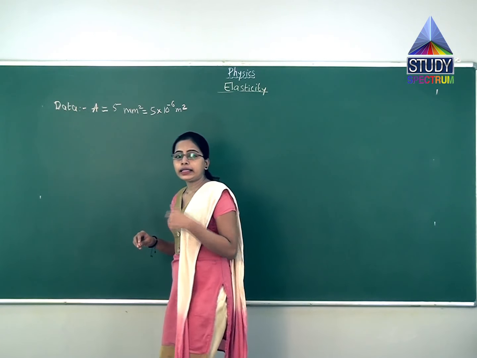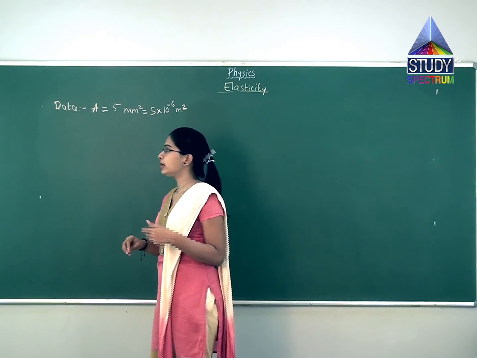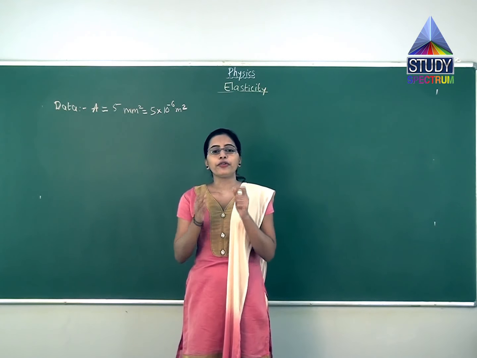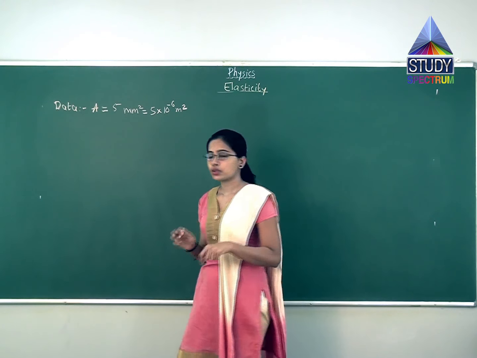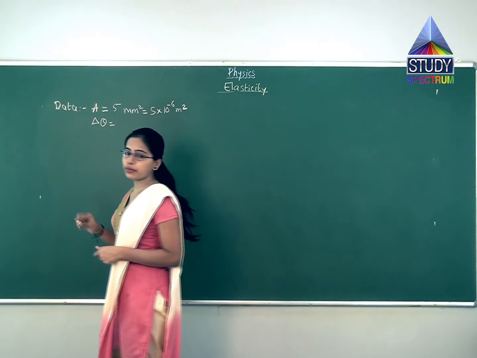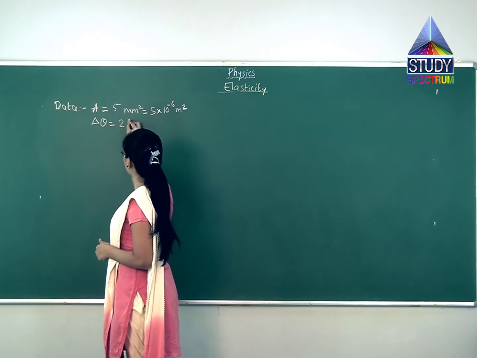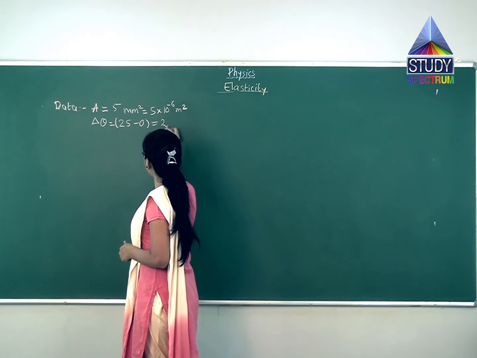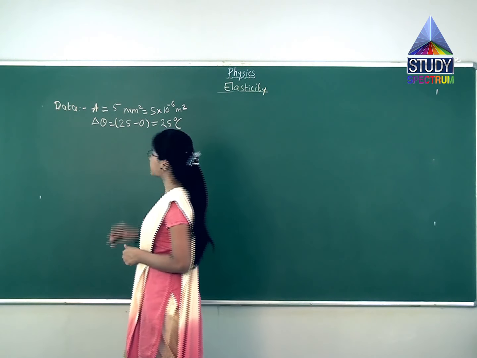Then temperature difference is given. That means they are heating that particular rod from 0 to 25. So delta theta we can write. Delta theta is final temperature minus initial temperature. So 25 minus 0, which is 25 degrees Celsius.